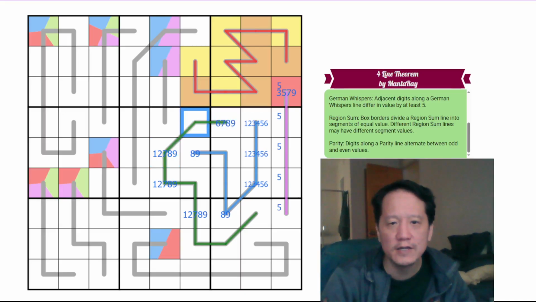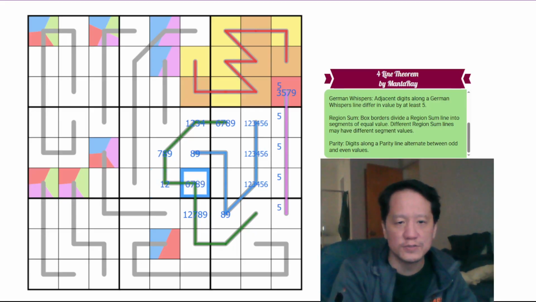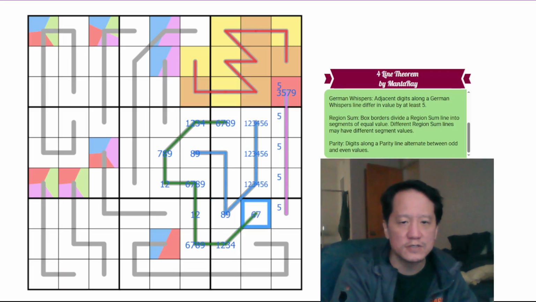So high, low, 1 through 4. High, 7 through 9. Low, 1 or 2. This could be 6 through 9 here. This is low, 1 or 2. Next to 6 through 9 here. Low here, 1 through 4, 6 through 9.